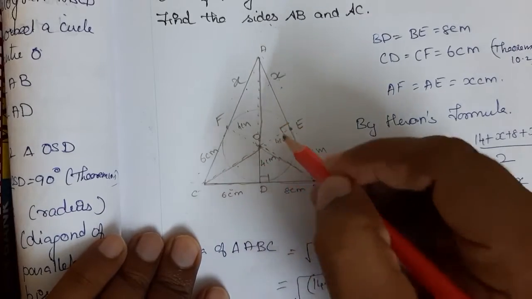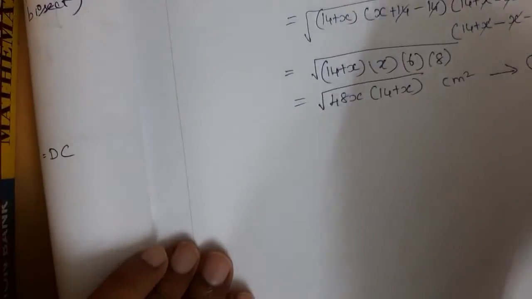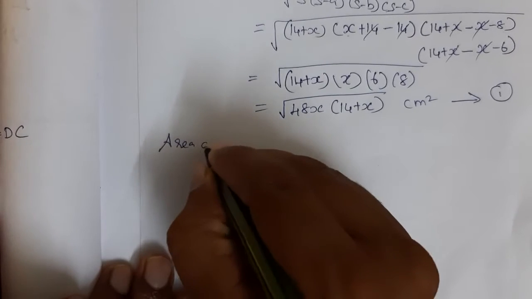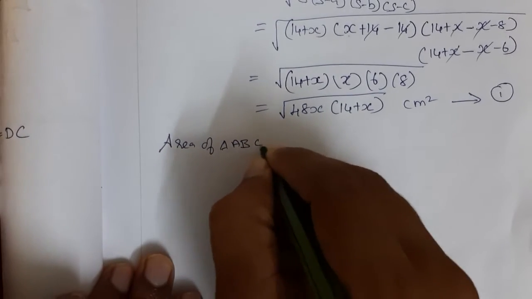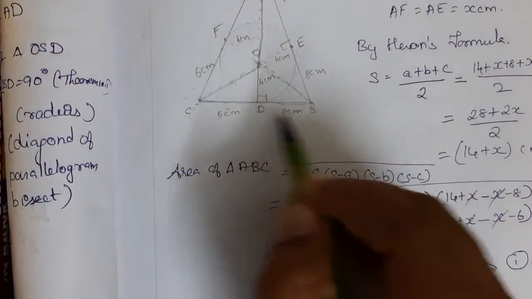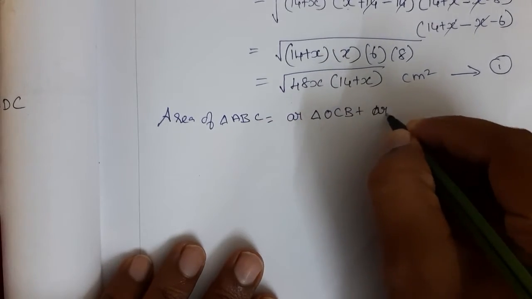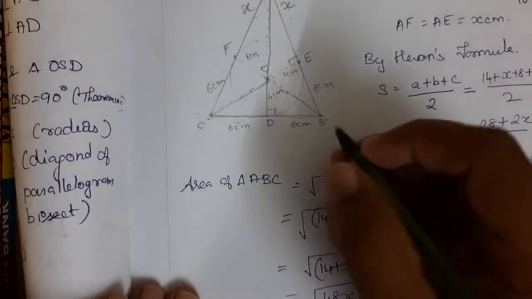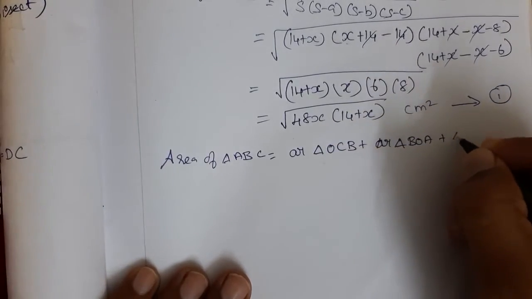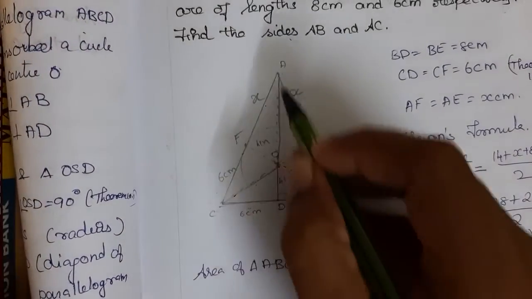So if we add these small three triangles' areas, we will be getting the big triangle's area, right? Using that height and base. So area of triangle ABC is equal to the first triangle, area of triangle OCB, plus area of triangle BOA, plus then the area of triangle COA.